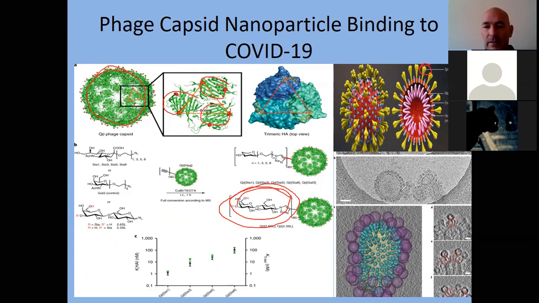And here you see the virus, and in blue is the protein, and in purple is actually the phage capsid binding to the surface of this virus. And the result of this is that now the virus cannot enter inside the cells because it's covered on the surface by other molecules.